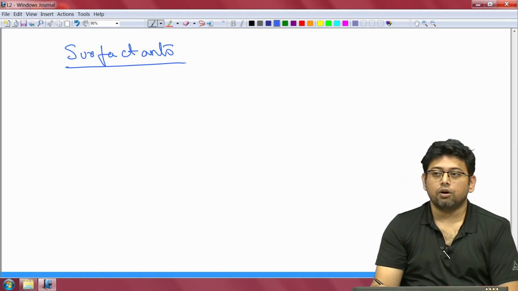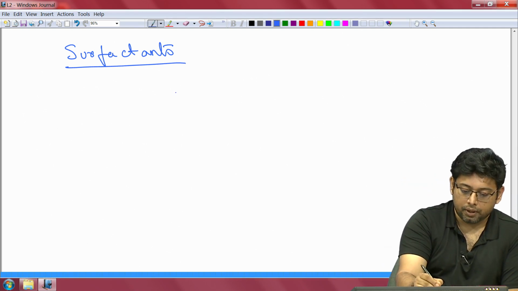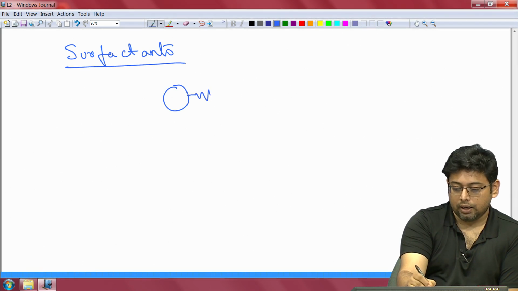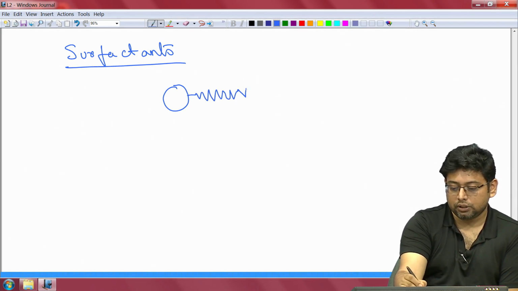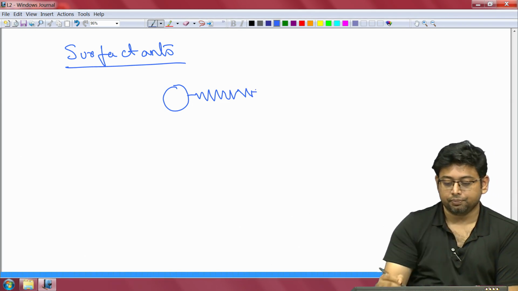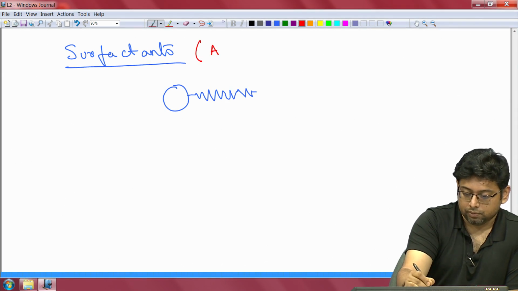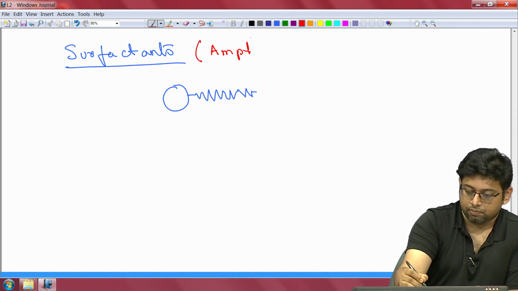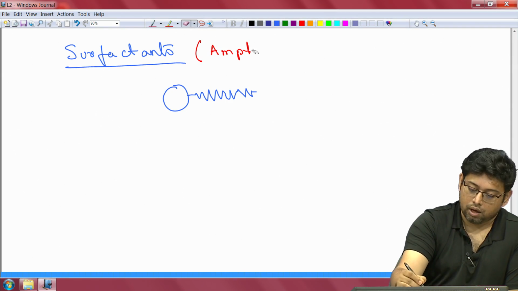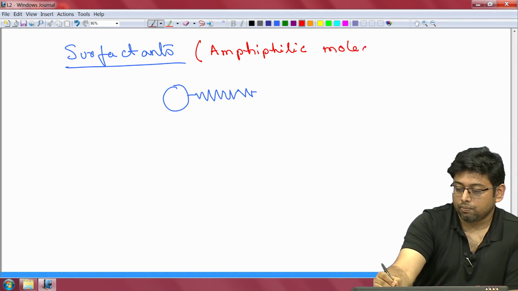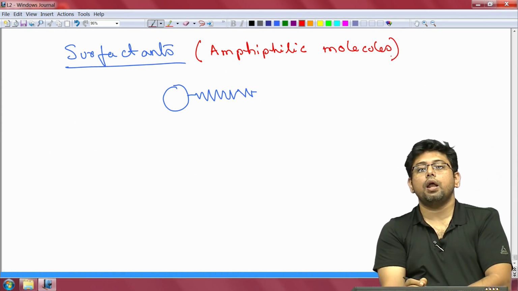Surfactants are also what are called amphiphilic molecules, because they have a very interesting structure. They have a hydrophilic head, and this is usually represented in this kind of a manner. These are amphiphilic molecules, and they can dissolve both in oil and water.